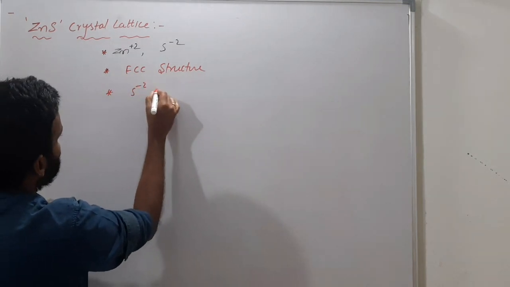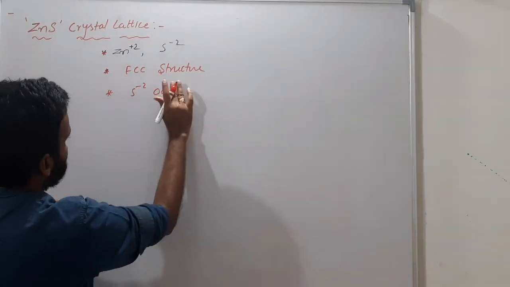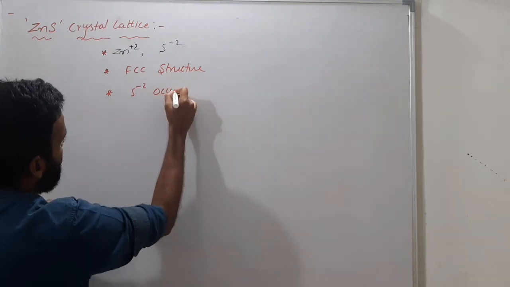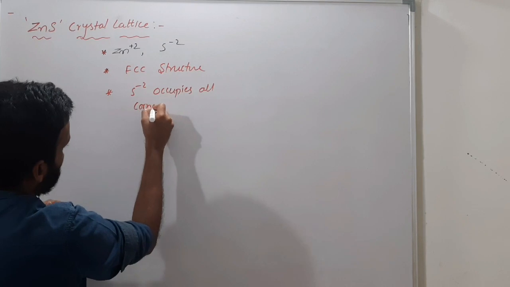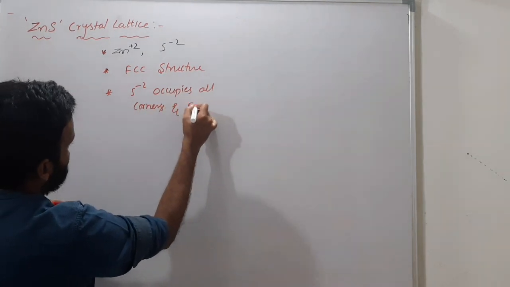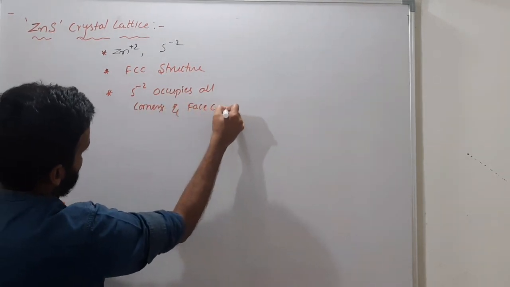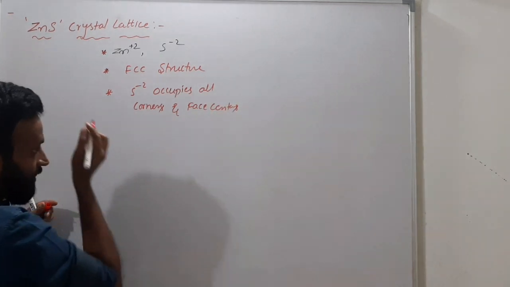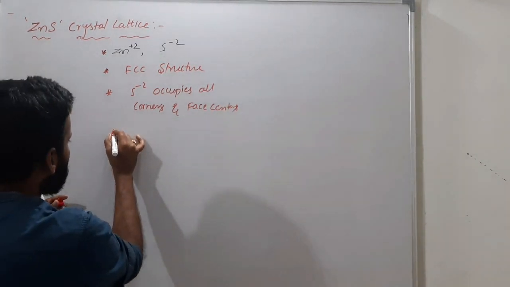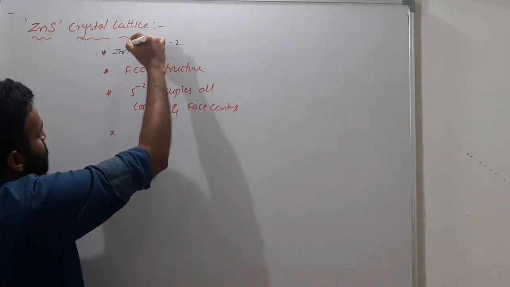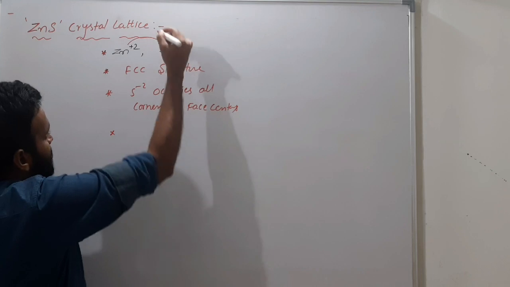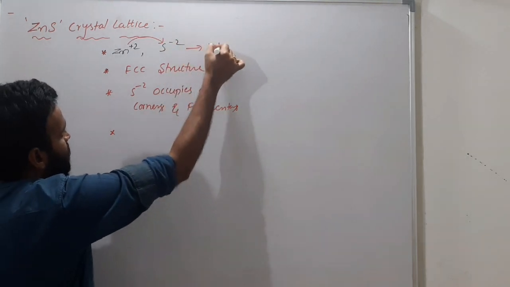And S2- occupies all corners and face centers. That means one Zn2+ has one S2- only. They are in a 1:1 ratio only.